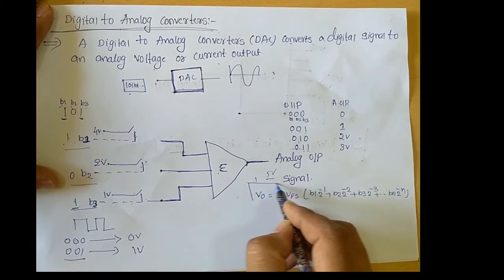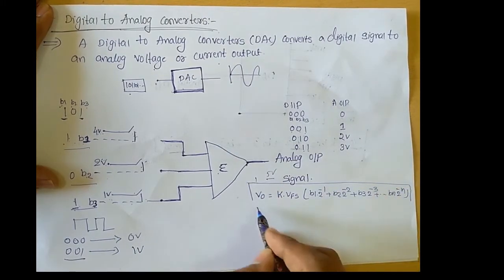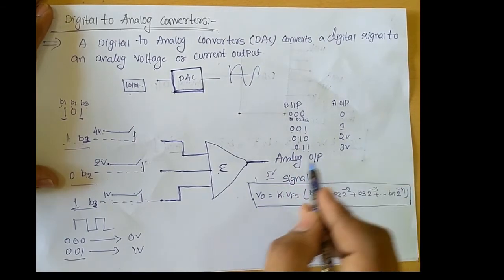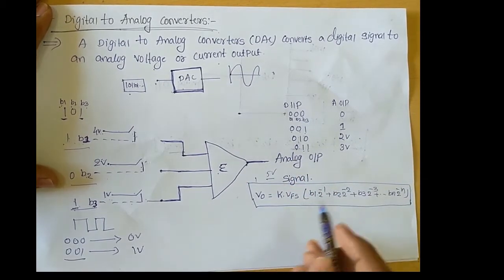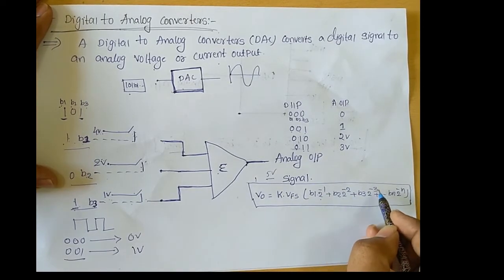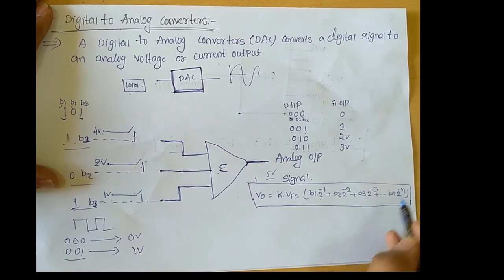With respect to this mathematical expression, we are converting the digital signal to an analog signal. But our doubt is why we are mentioning 2 power minus 1, 2 power minus 2, 2 power minus 3 and so on up to 2 power minus n.